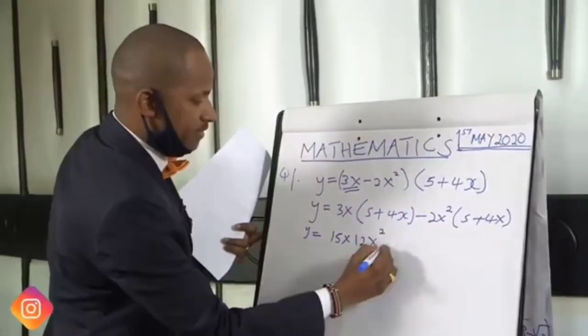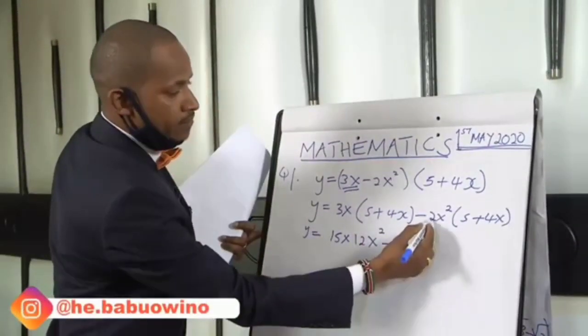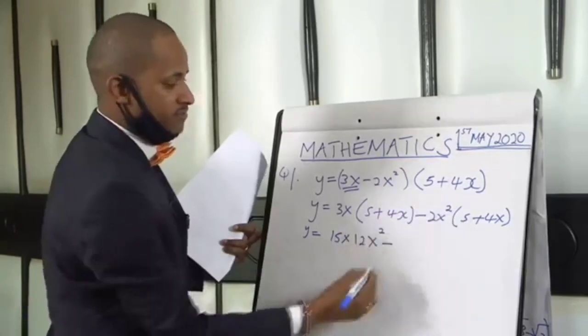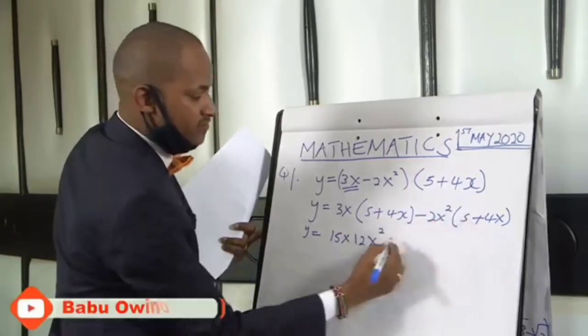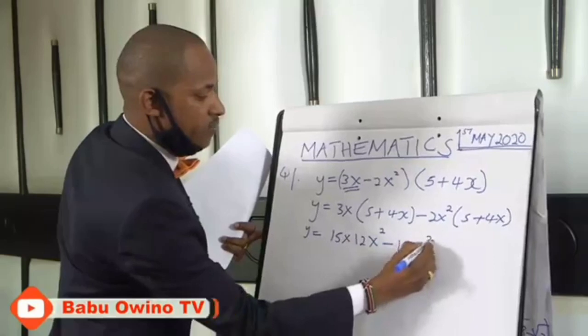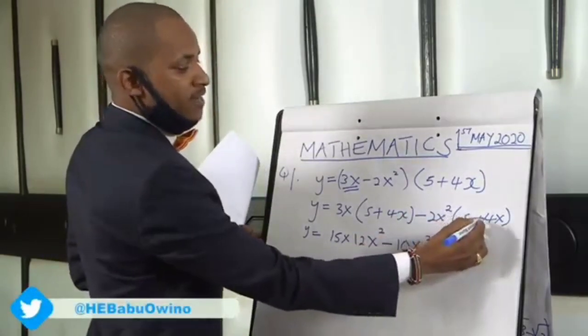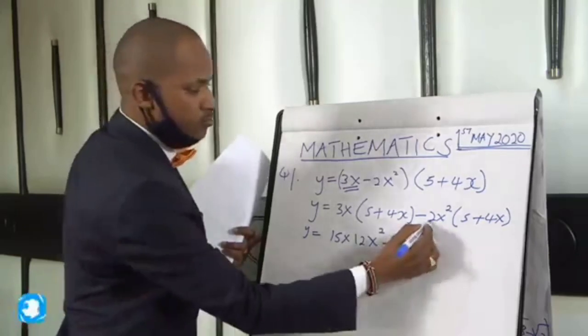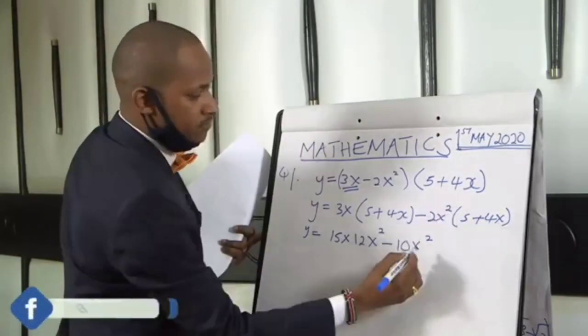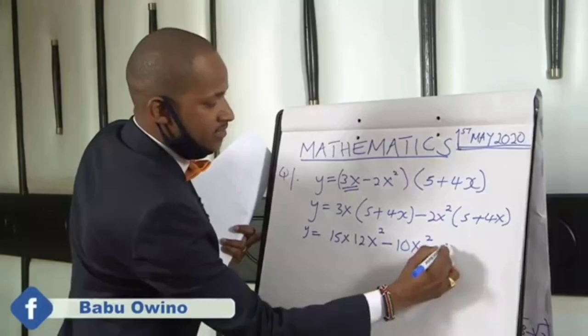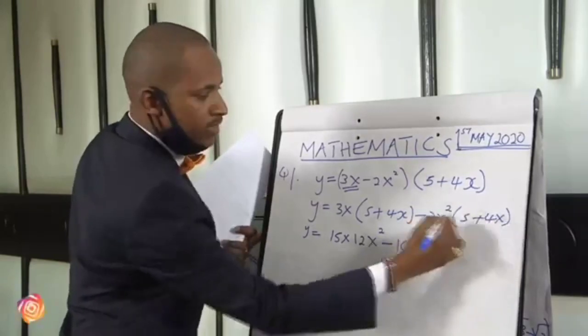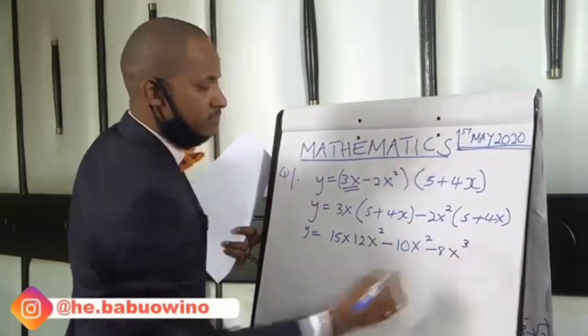That's 12x squared, minus 2x squared times 5 is minus 10x squared. Then minus 2x squared times plus 4x, we get 2 times 4 is 8, that is minus 8. Then x squared times x is x cubed.